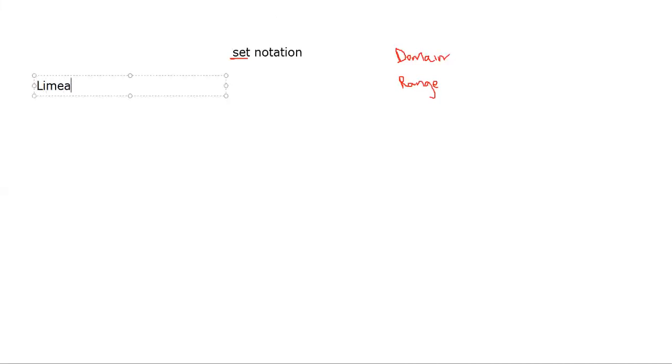We have linear functions, we have quadratic, which are often called parabola or parabolic functions. And then from there we have exponential, and we have hyperbolic or hyperbola. These are the four main functions.